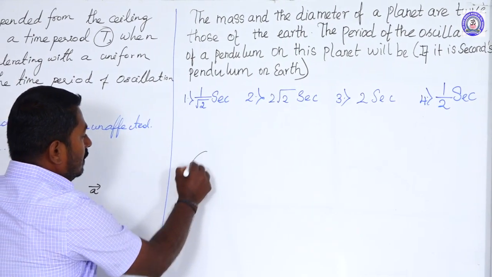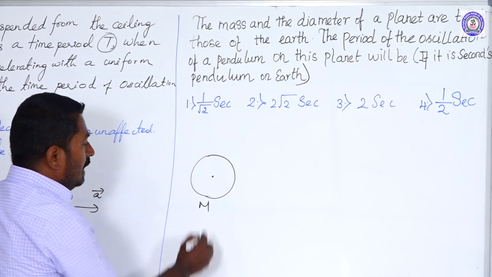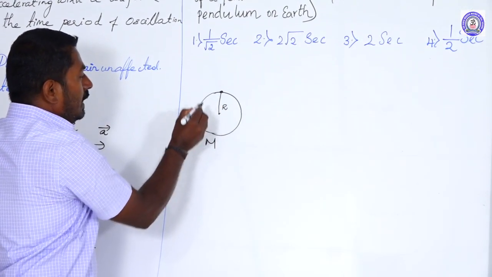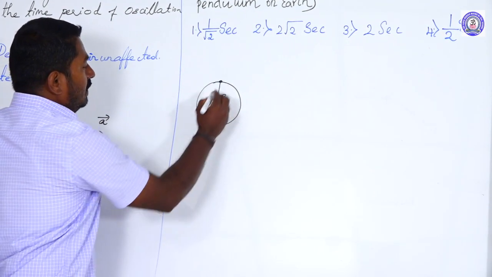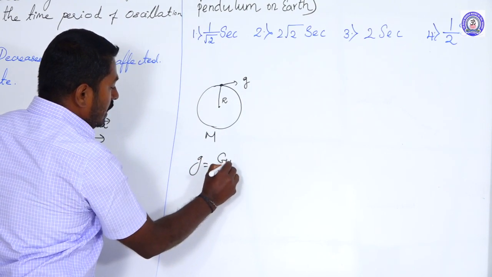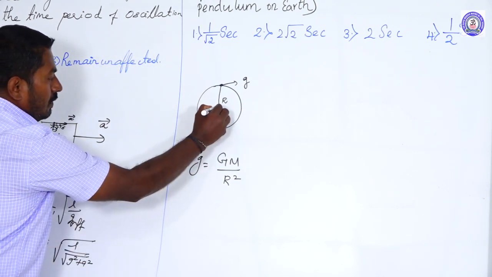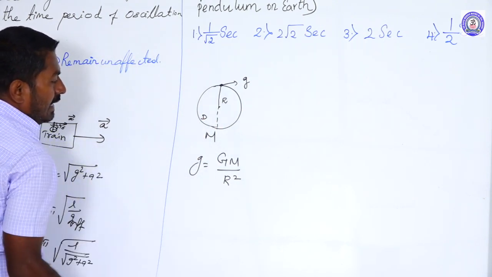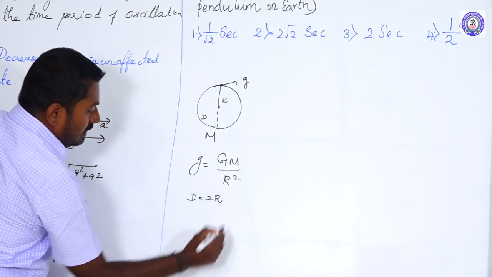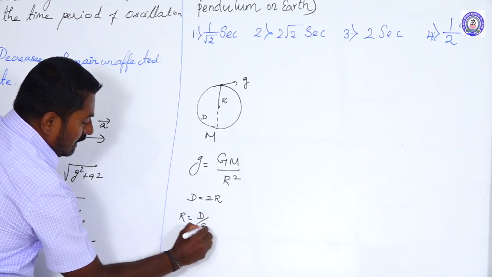Consider the Earth, with the mass of the Earth capital M and the radius of the Earth capital R. The acceleration due to gravity at a point on the surface of the Earth is g equal to GM divided by R squared, where capital D is the diameter of the Earth. The diameter of the Earth is equal to twice the radius, so the radius R is equal to diameter divided by 2.